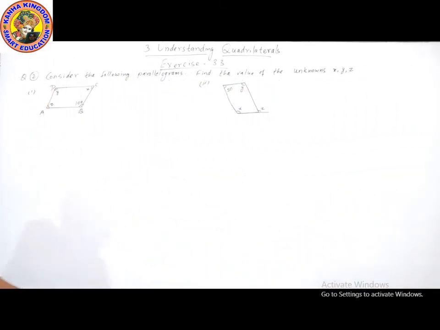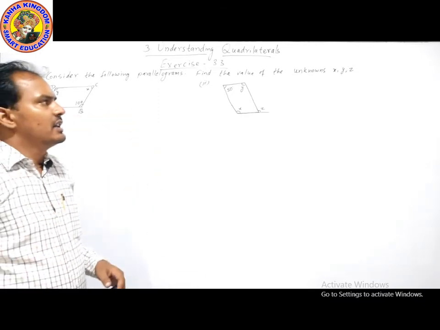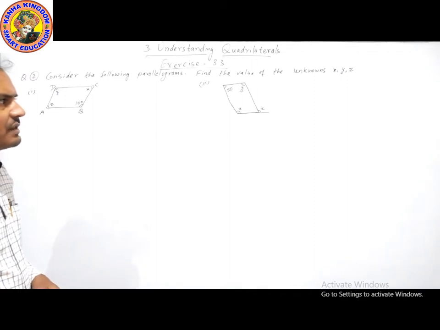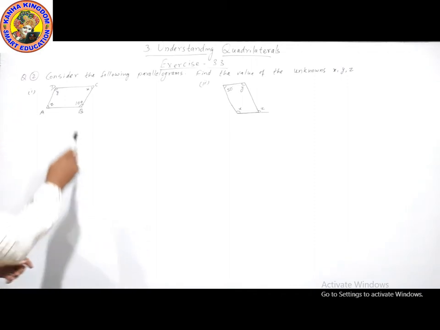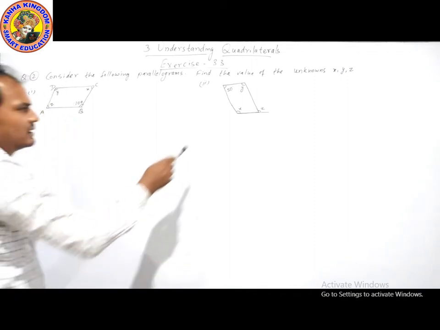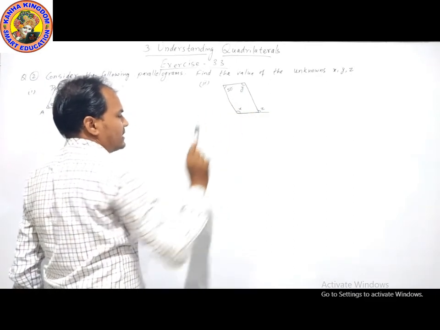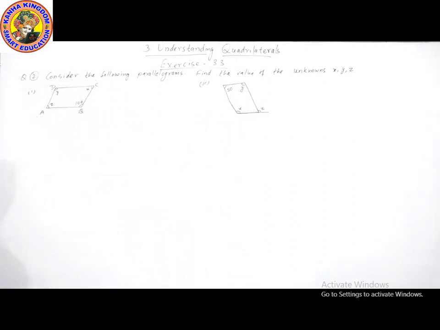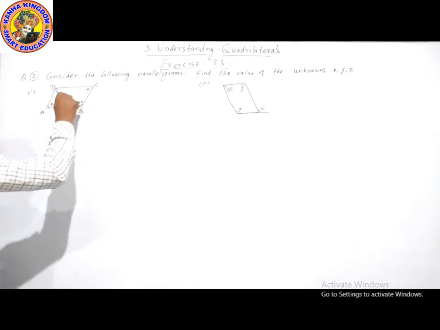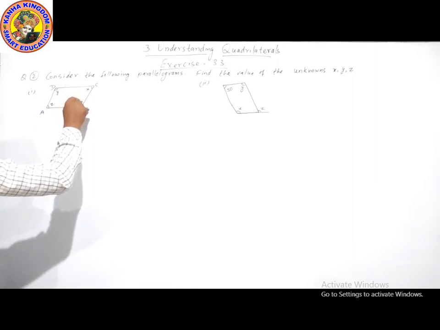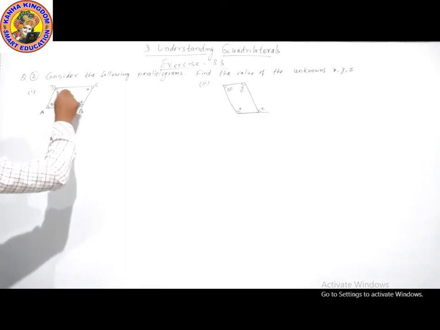Now our question number two: consider the following parallelograms. Find the values of the unknown x, y and z. In the first part, we know that in a parallelogram opposite angles are equal.